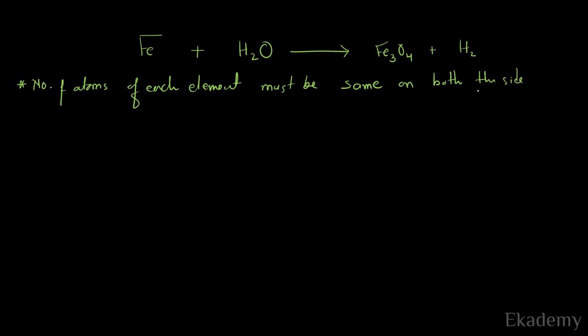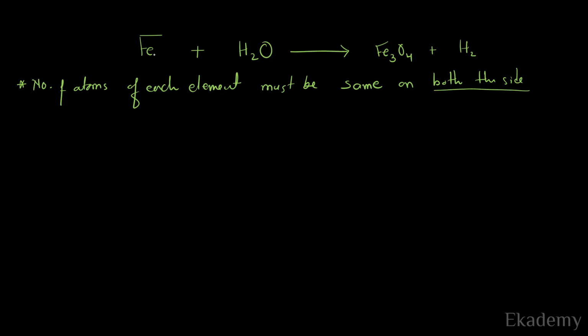I mean, both sides means towards the reactant and towards the product side. So now, in reactants, what we have in this equation is iron element, hydrogen element, and oxygen element. And then the product will also have the same type of elements. So again, we have iron, oxygen, and hydrogen elements.